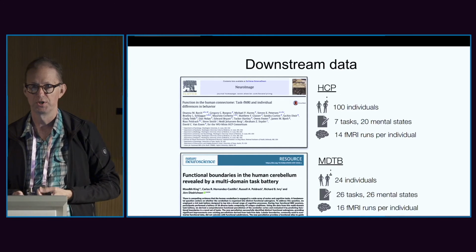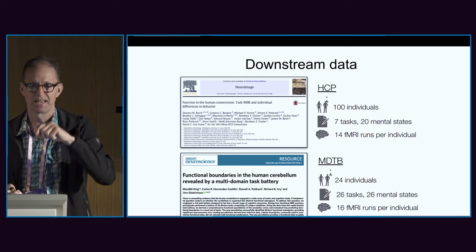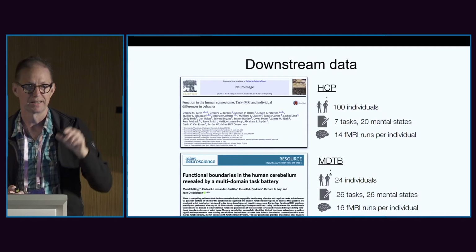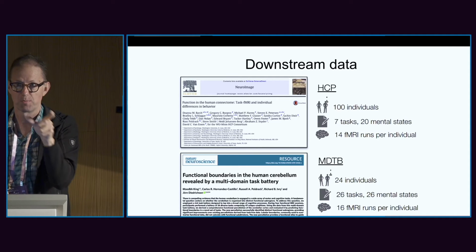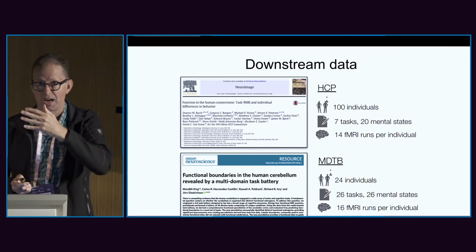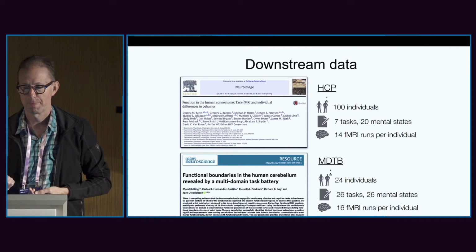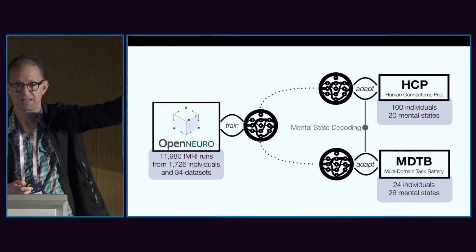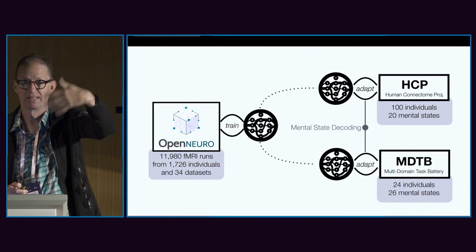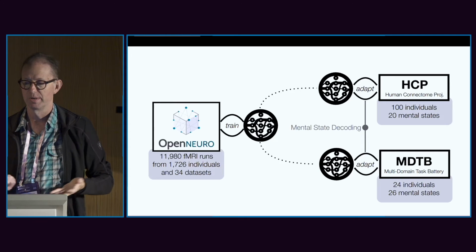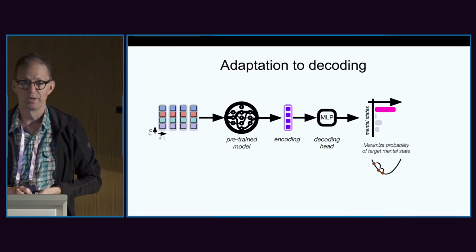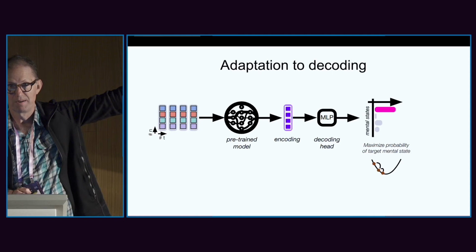In each case, what we're going to do is for each person ask, can we predict which of those 20 things or which of those 26 things they are doing based on a snippet of fMRI data collected during the block when they were doing that thing. So the idea is we train the model just on predicting the next time point, and then we adapt it to doing this mental state decoding. How do we do that? Basically, we add what's called a decoding head. We take the pre-trained model.